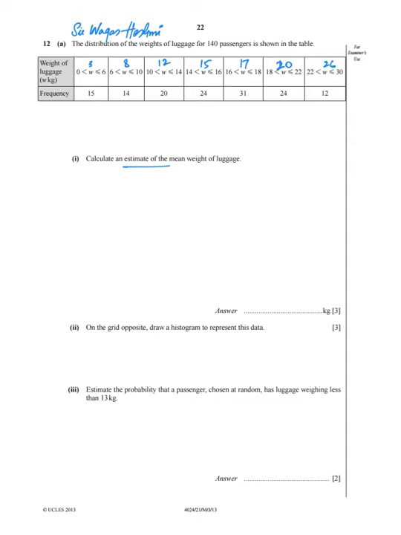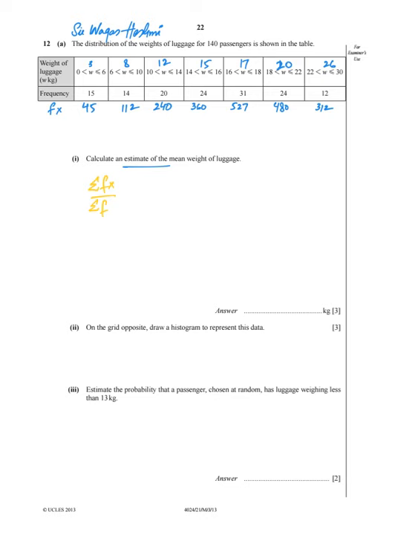Once you have found the midpoints, now you need to multiply and make a column of fx. So 15 times 3, right? We need to multiply the frequency with the midpoint. So 15 threes are 45. 14 times 8 is 112. So I have multiplied all the values. Now the working formula to find the mean is summation of fx divided by summation of f, right?